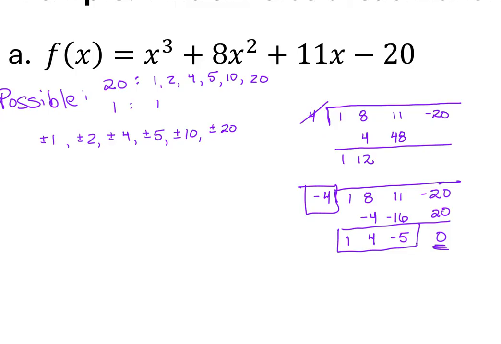Okay, so remember that if negative 4 is a 0, that means x plus 4 is a factor. And then I want to go ahead and take these and make them my coefficients. And what we get is x squared plus 4x minus 5.